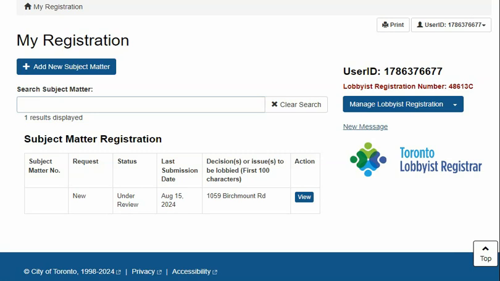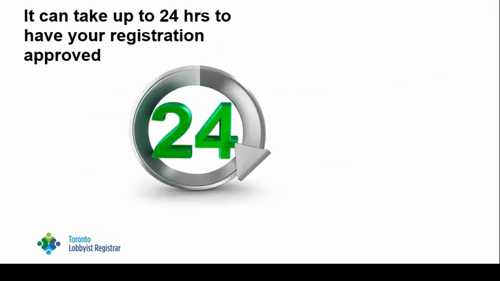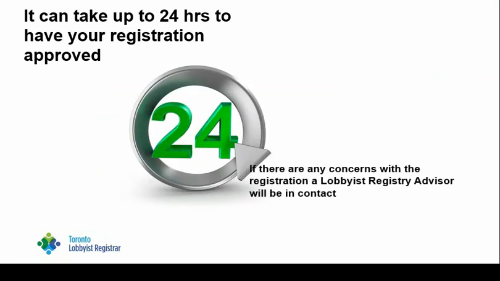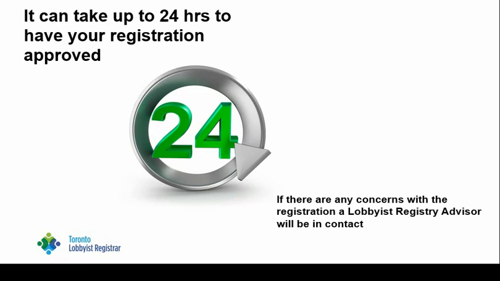You will be notified by email once the update has been approved. It can take up to 24 hours to have your registration approved. If there are any concerns with the registration, a lobbyist registry advisor will be in contact.